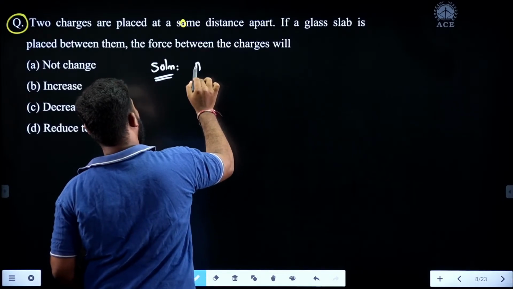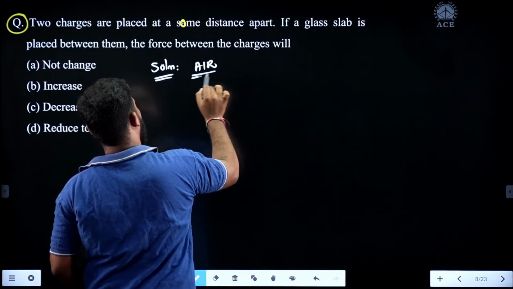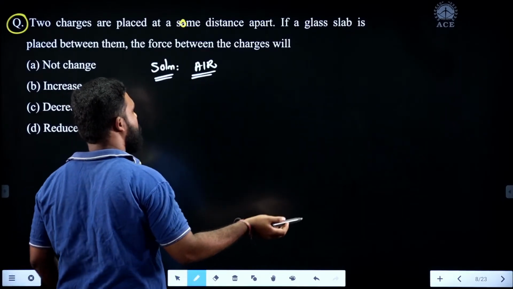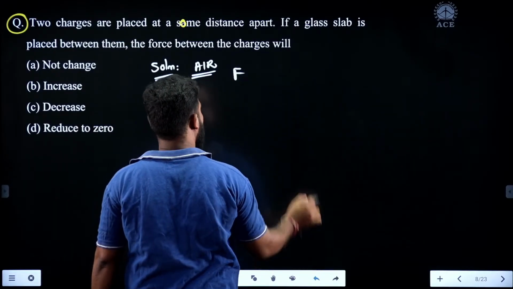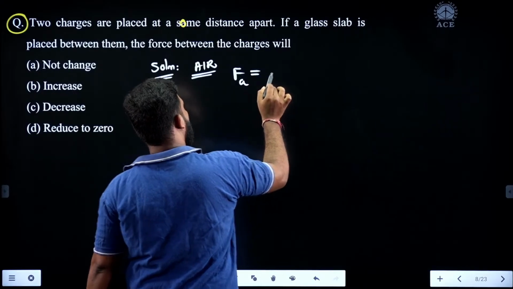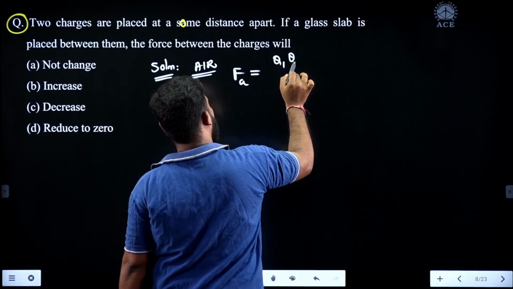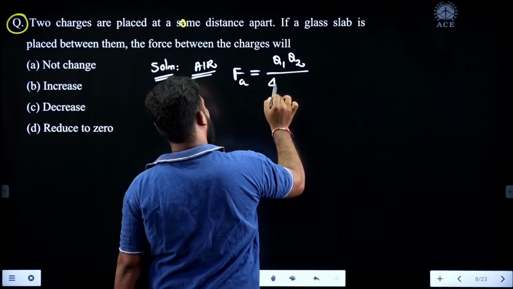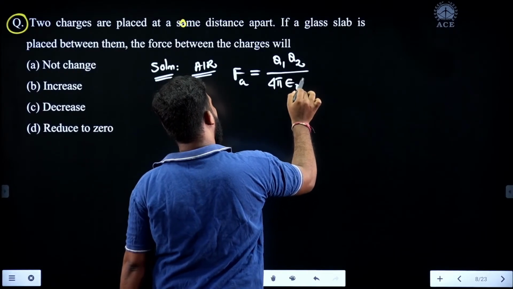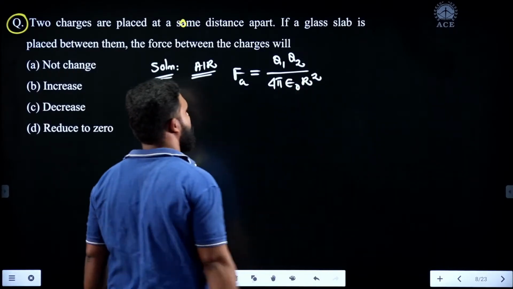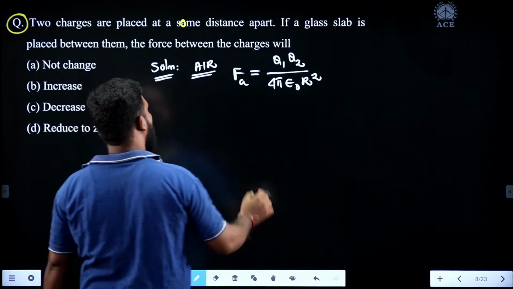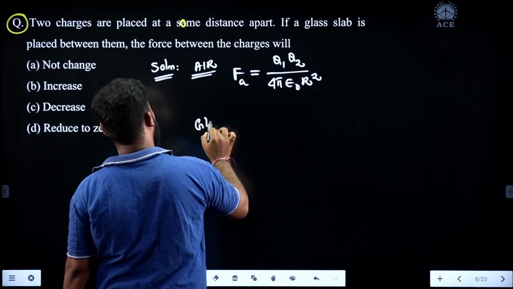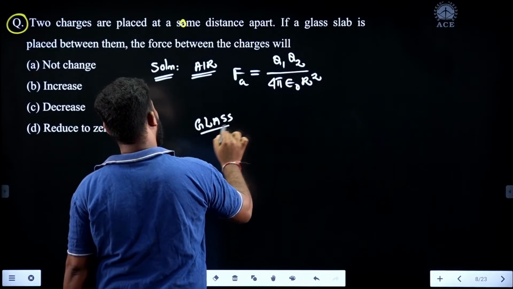Suppose initially there is air, nothing is mentioned, so I have to consider it as air. So I will call it FA. FA is equal to Q1 into Q2 divided by 4 pi epsilon naught into R square, if there is air between the two charges. Now you are introducing glass between the two charges.